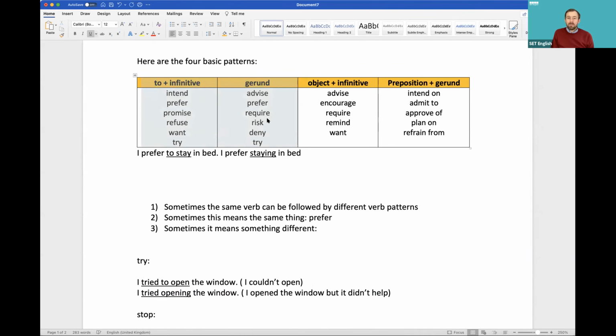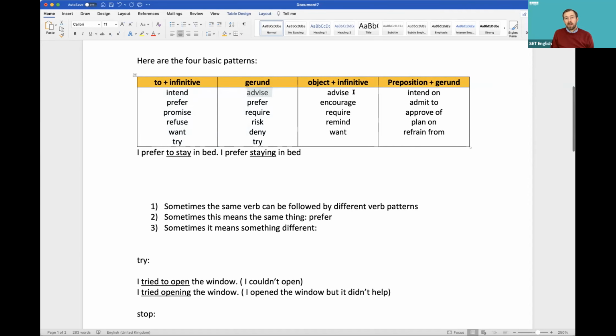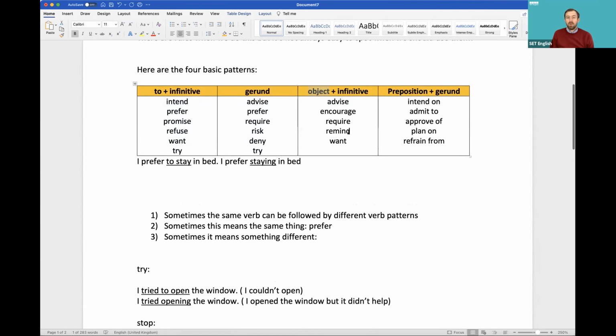So we do have sometimes some mix up between these ones, but I advise is another one. Okay, go across. I advise somebody. So an object. It's often a person, but it doesn't have to be a person in this case. But the doctor advised Mr. Smith to stop smoking.